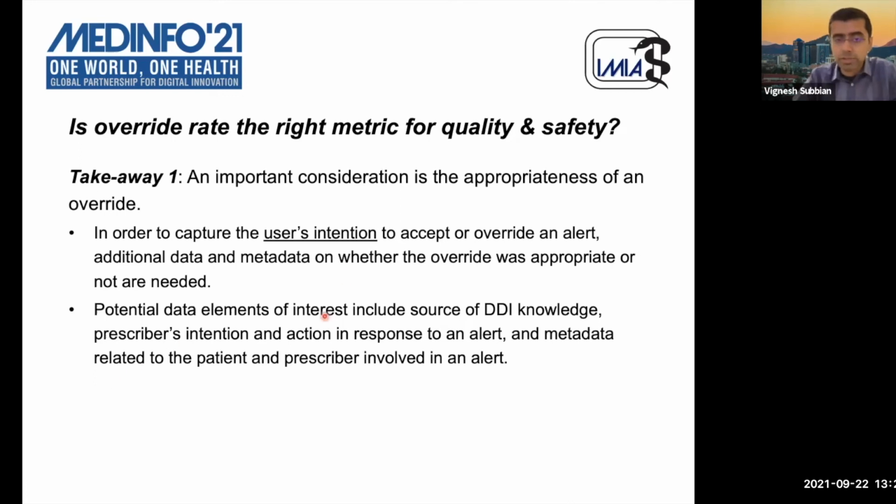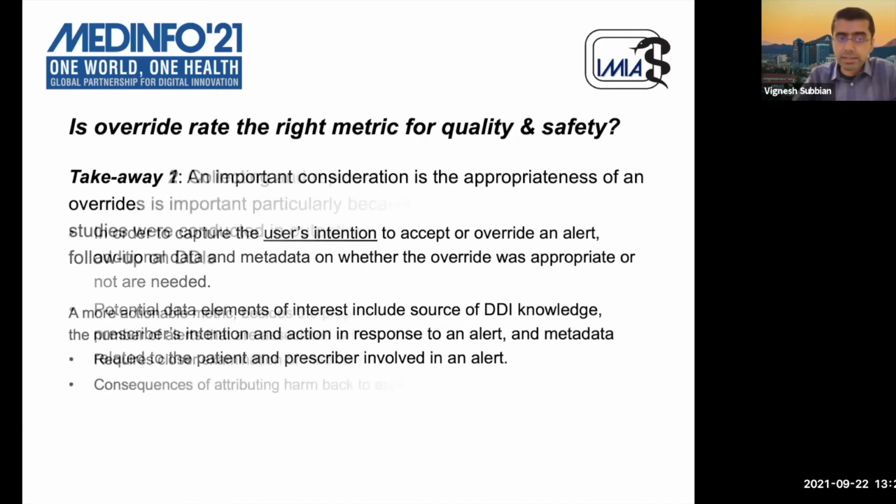In order to capture the user's intention to either accept or override an alert, we need some additional data, such as the prescriber's intention, the source of the DDI knowledge, who the vendor behind the drug knowledge is, and some metadata related to the patients and prescribers that will help us understand whether the override was actually appropriate or not.